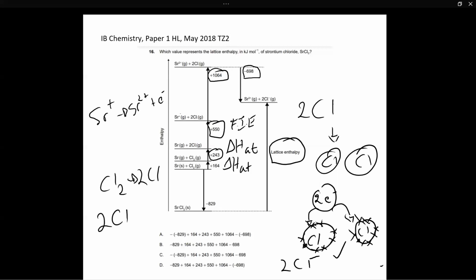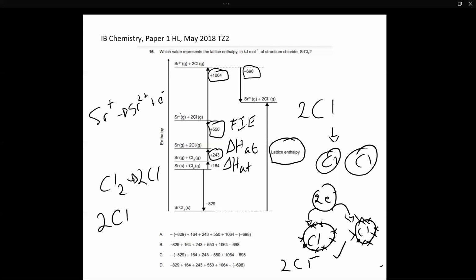Negative 698 is the first electron affinity of chlorine. And first electron affinity of chlorine is the enthalpy change when 1 electron is added to each atom in 1 mole of gaseous atoms. Basically, electron affinity is the enthalpy change when 1 mole of electrons is added to 1 mole of gaseous atoms. That is the exact same thing.